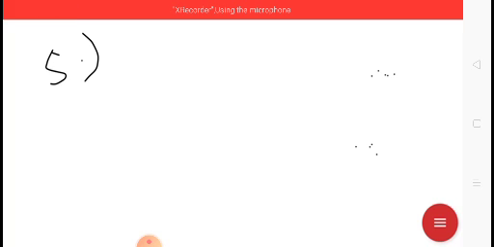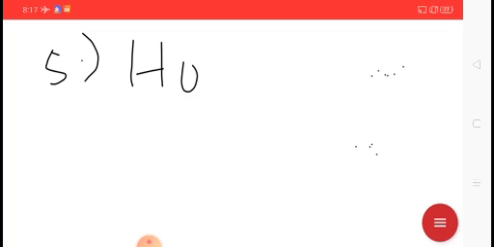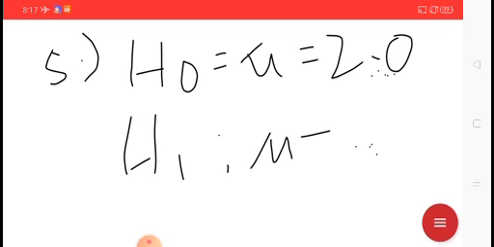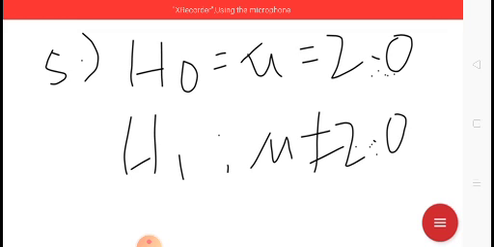A hypothesis test is carried out at the 5% significance level. State the null and alternative hypotheses. So the null hypothesis is mu equals 2.0. The alternative will be mu not equal to 2.0.